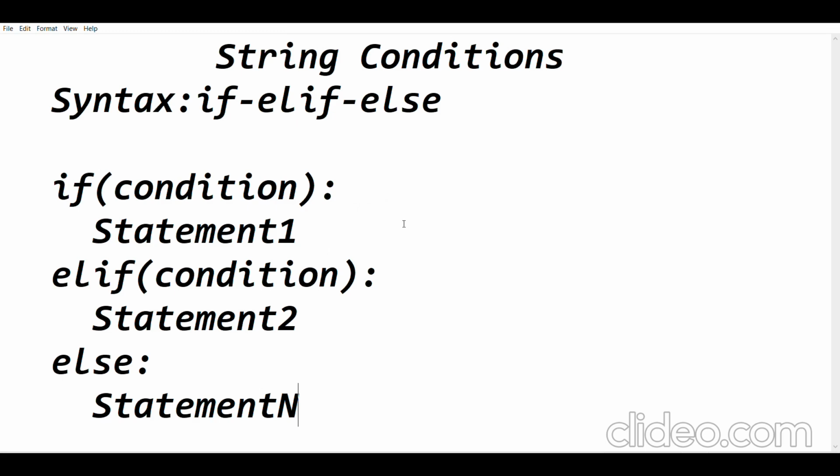In other programming languages we use curly brackets, but in Python we use a colon, and in the next line we use some space, one or two spaces, before statement 1.